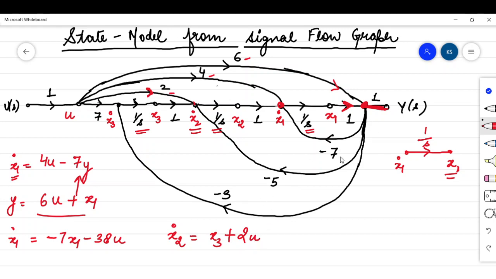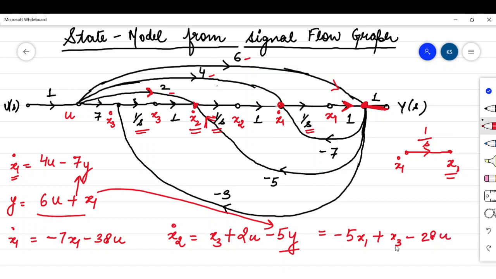And you can observe that this is also entering the node of x2 dot, so we can write it as minus 5y. Again you replace y with 6u plus x1 here. You will find this x2 dot as minus 5x1 plus x3 minus 28 into u.